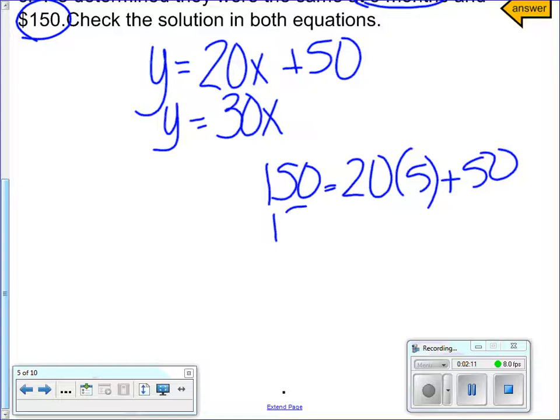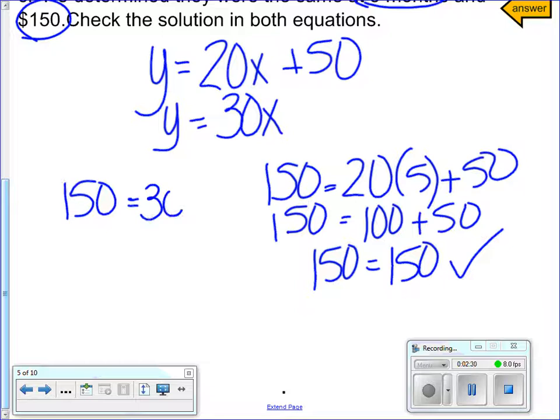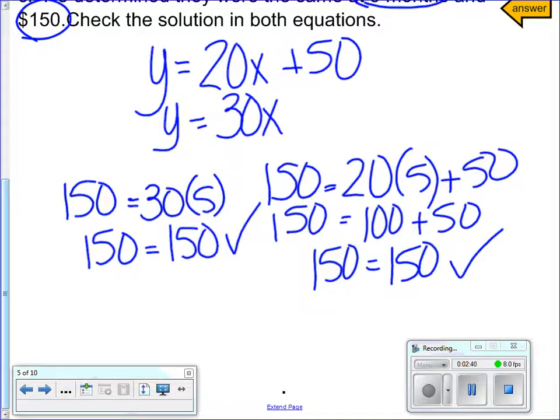So 150 equals 20 times 5, that's 100, plus the 50. Yes, 150 equals 150. Check. And the second one for Fitness 19: 150 equals 30 times the 5 months. 30 times 5 is 150. Check.